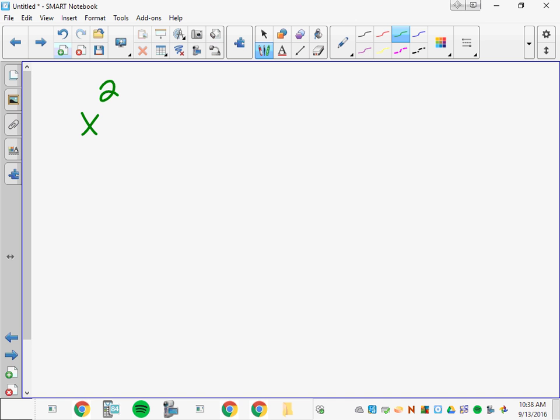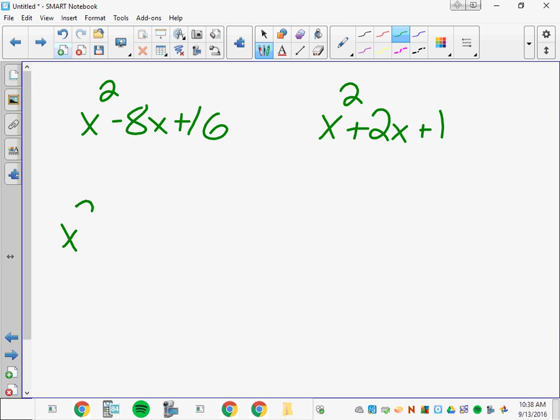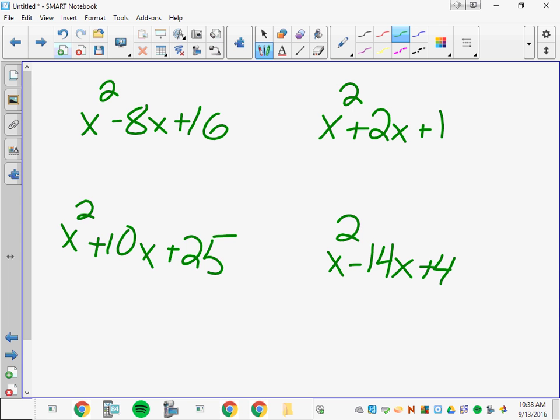So here's one, x squared minus 8x plus 16, x squared plus 2x plus 1, x squared plus 10x plus 25, x squared, let's see, minus or plus, doesn't really matter, minus 14x plus 49.